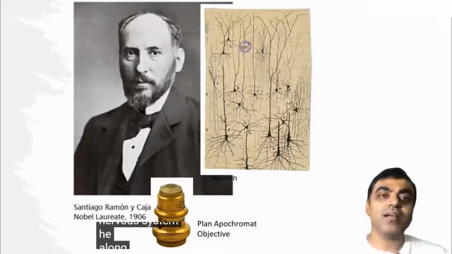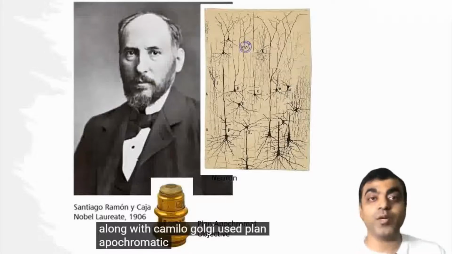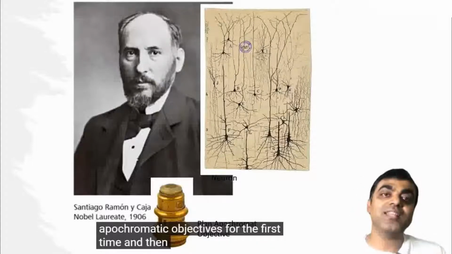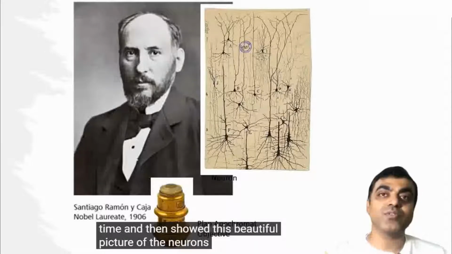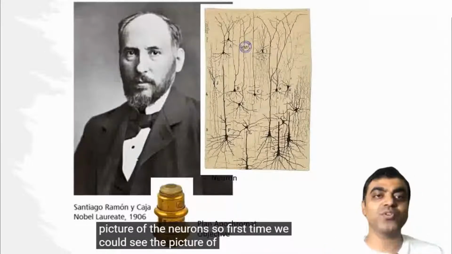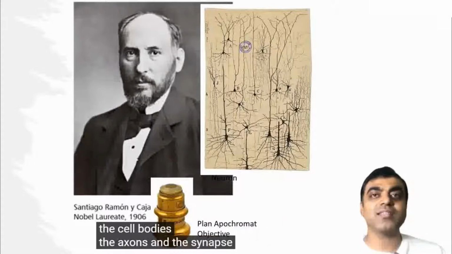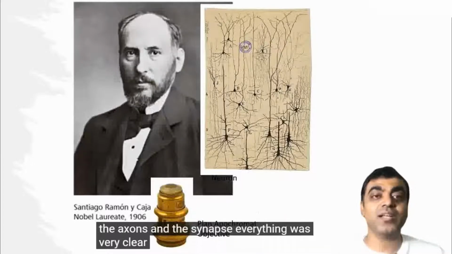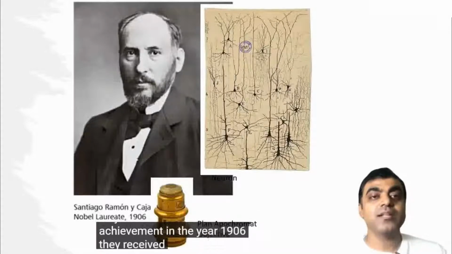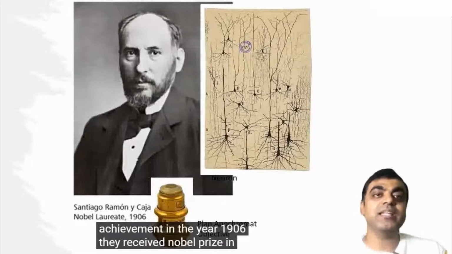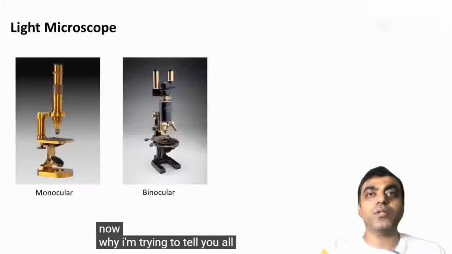He, along with Camillo Golgi, used plan apochromatic objectives for the first time and showed this beautiful picture of the neurons. For the first time we could see the neurons with the cell bodies, the axons and the synapse, everything very clear. Because of this achievement, in the year 1906, they received the Nobel Prize in Medicine.